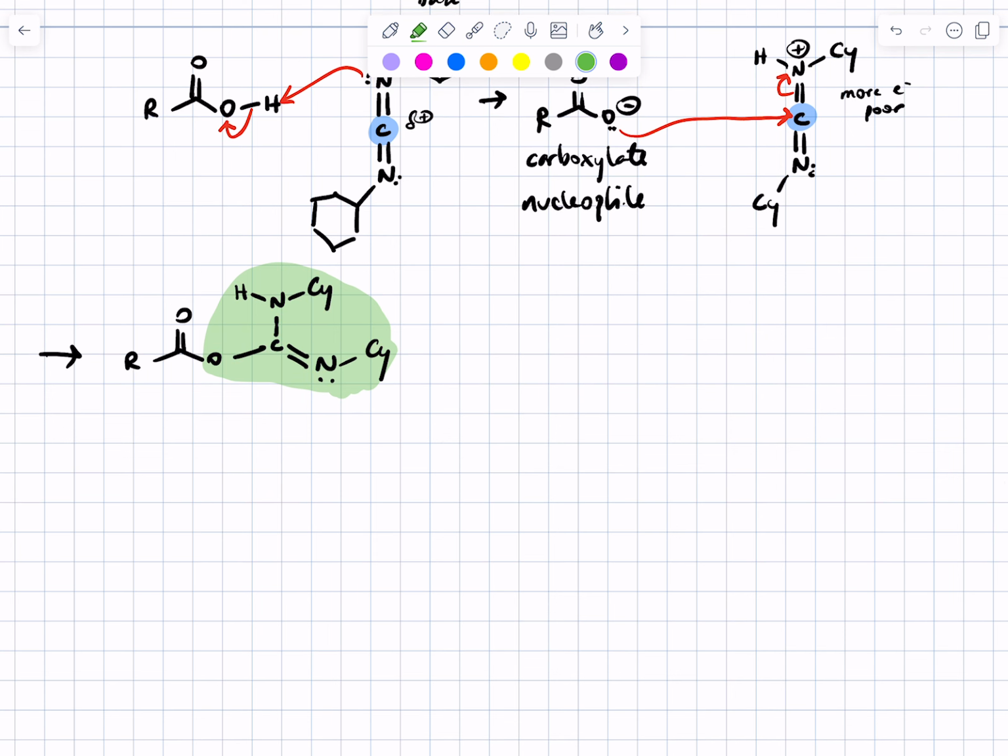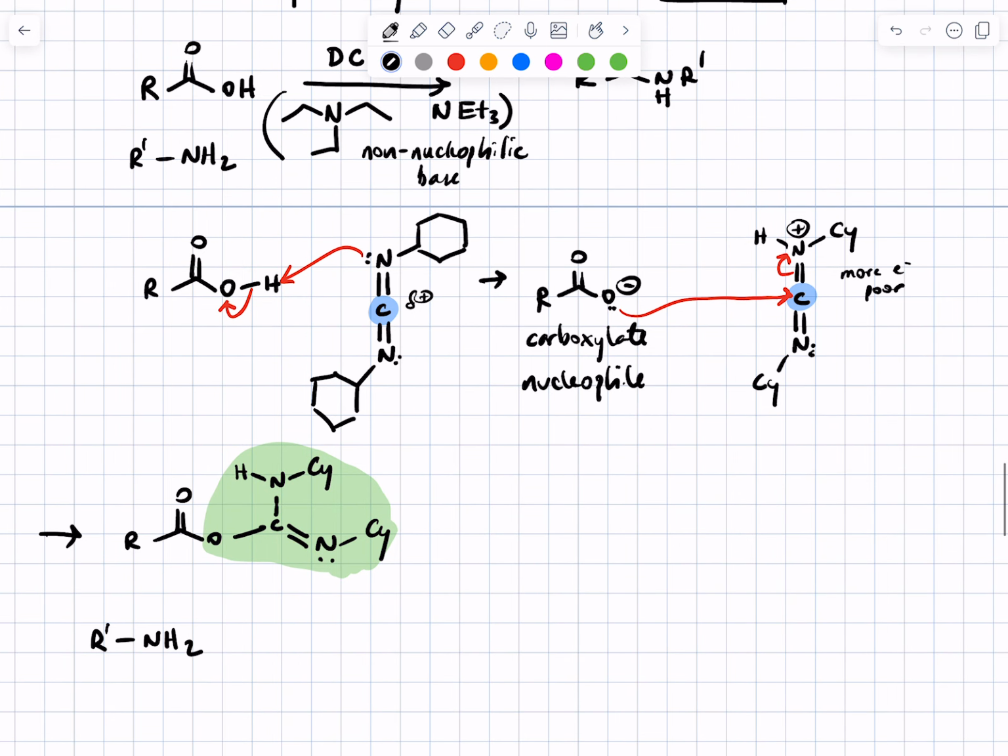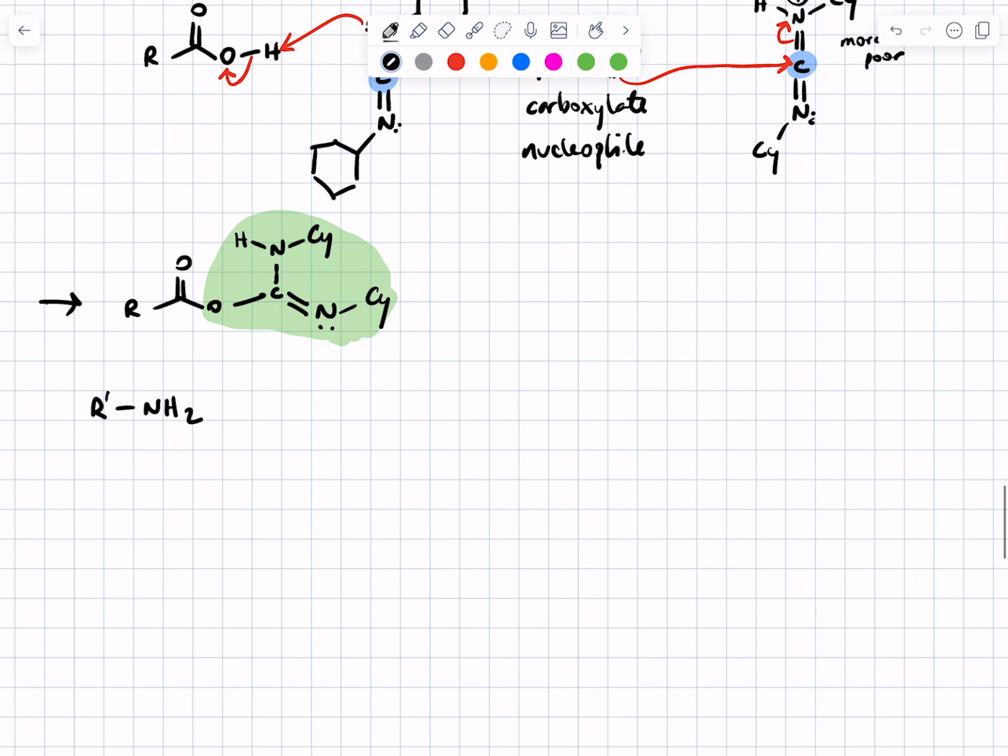So to show you this, let's have now our nucleophilic amine, the molecule we want to attack the carbonyl carbon here. We'll do that. Attack the carbonyl carbon to get a tetrahedral intermediate.